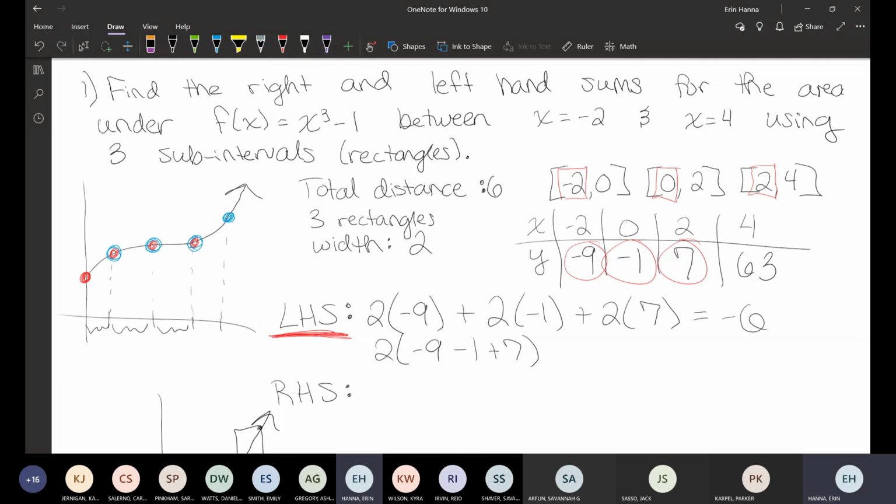So right-hand side, we use the same information, so we're on the same intervals. The intervals don't change between the right hand and the left hand sum. But what's the right side of -2 to 0? It's 0. What's the right side of 0 to 2? It's 2. What's the right side of 2 to 4? It's 4. So we're using the y values at 0, 2, and 4.